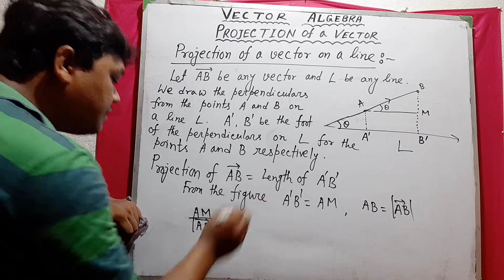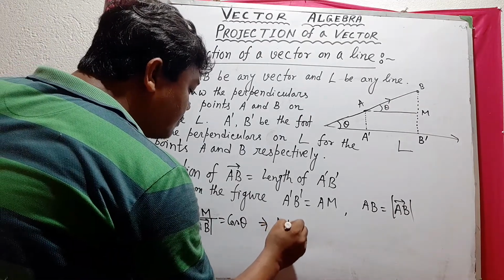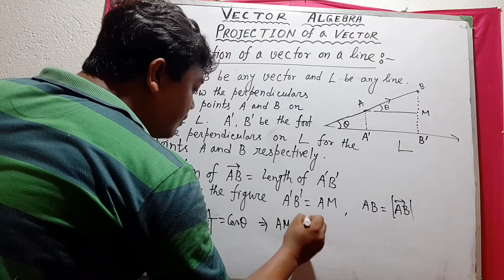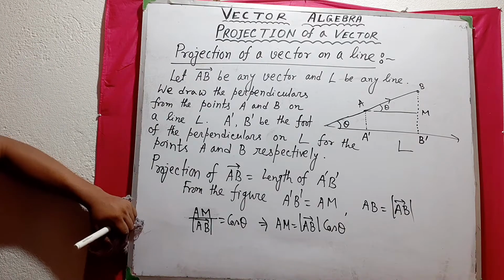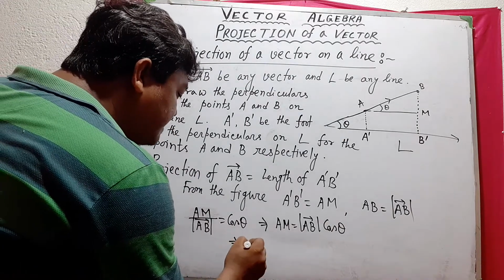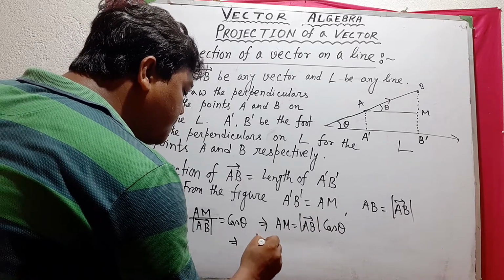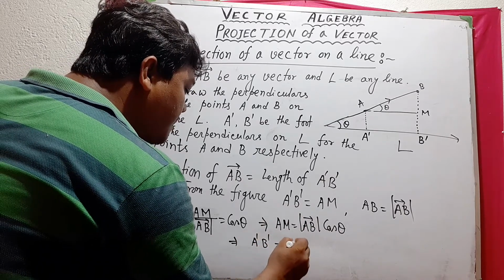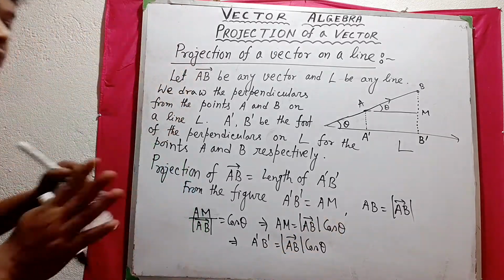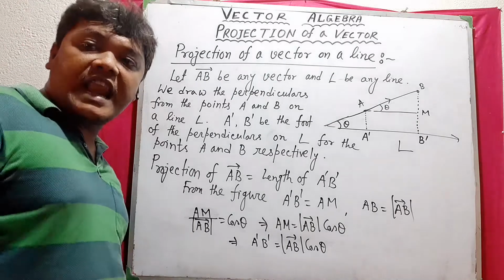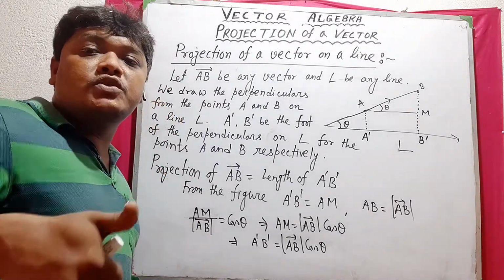Am I right? So AM equals AB vector cosine theta. Am I right? So what is my AM? That is length. AM equals A prime B prime. So you put A prime B prime equals mod of AB vector cos theta. So that is the projection of the vector AB on a line L is mod of AB into cosine theta.